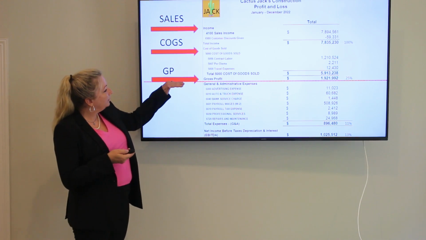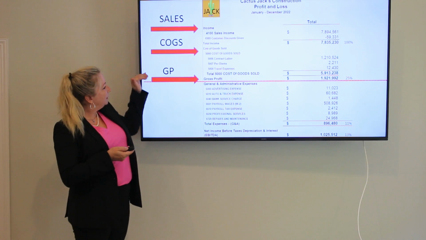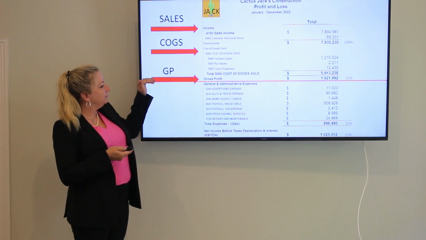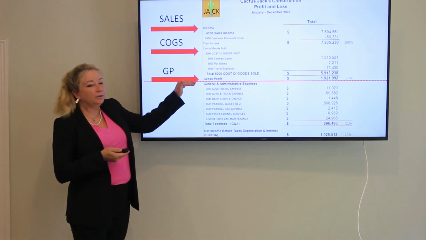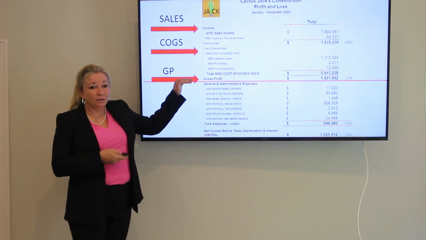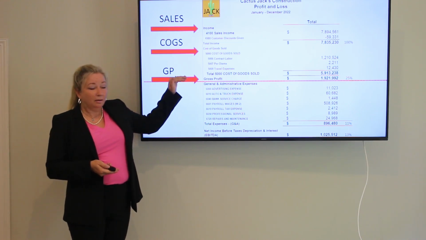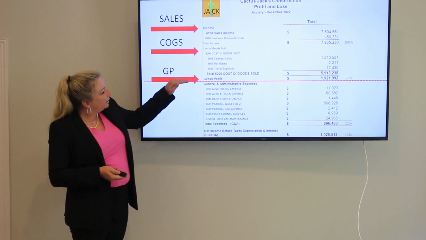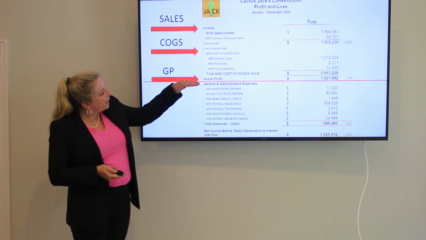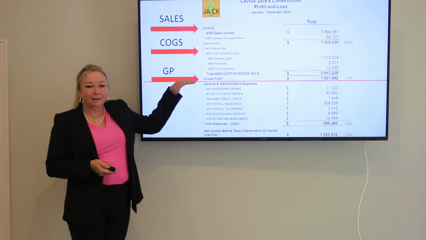We talked about this. It's sales minus cost of goods sold is gross profit or gross margin. And to understand the basics of his operation in terms of operational performance, this is where we calculate our first calculation, and after he subtracts out his cost of goods sold, he's left with 1.9 million.